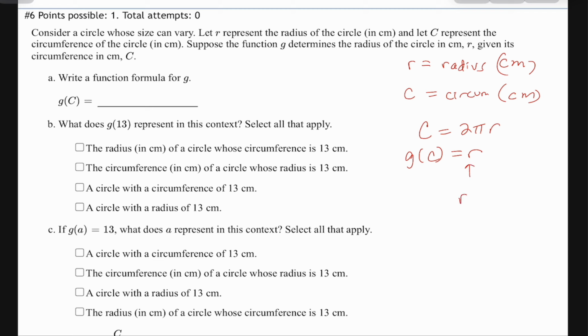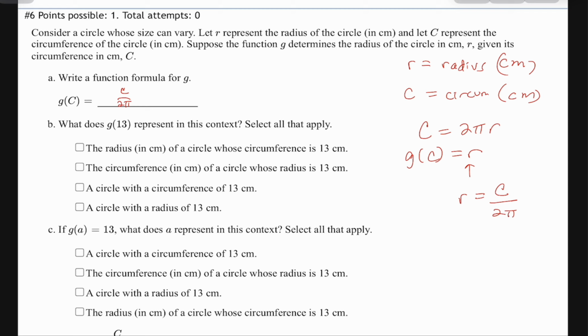Okay, so we know r would equal c divided by 2 pi. Now make sure when you do c divided by 2 pi, you either use that fraction bar or you do c divided by parentheses 2 pi. And you can type out the word pi, or you can use that little yellow box to find a pi symbol.